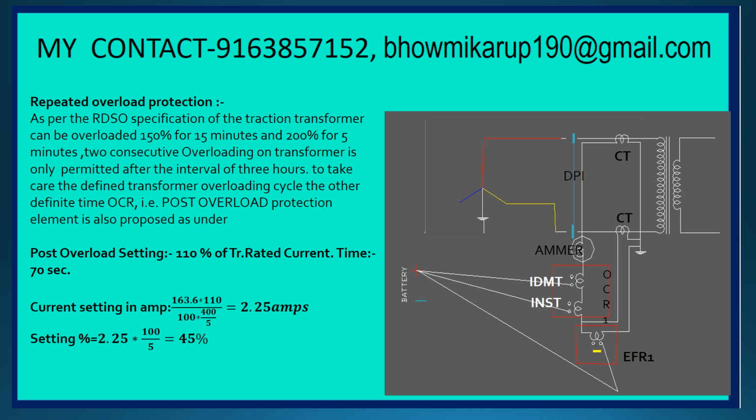To take care of the defined transformer overloading cycle, the other definite time overcurrent relay, that is the post overload protection element, is also proposed as under. Post overload setting is 110%. Again you can find it out, 110% of the 163.6 ampere, and convert it in the CT secondary, it is coming around 2.25 amperes. So setting percentage is how many parts of the 5 ampere of CT secondary rated load current, it is 45%. So set these two, then your setting is okay.